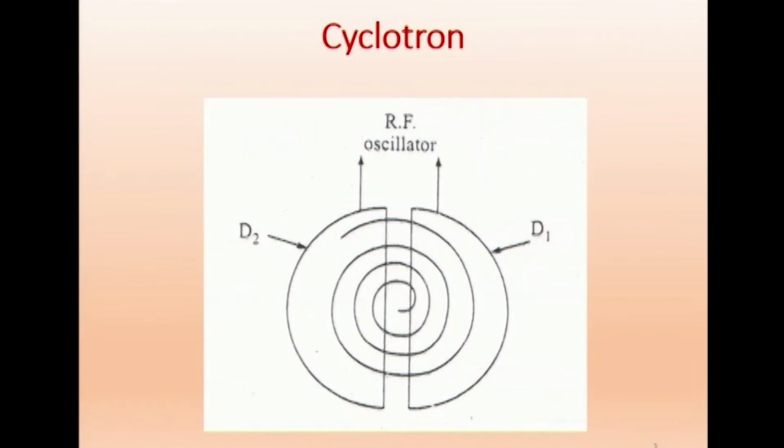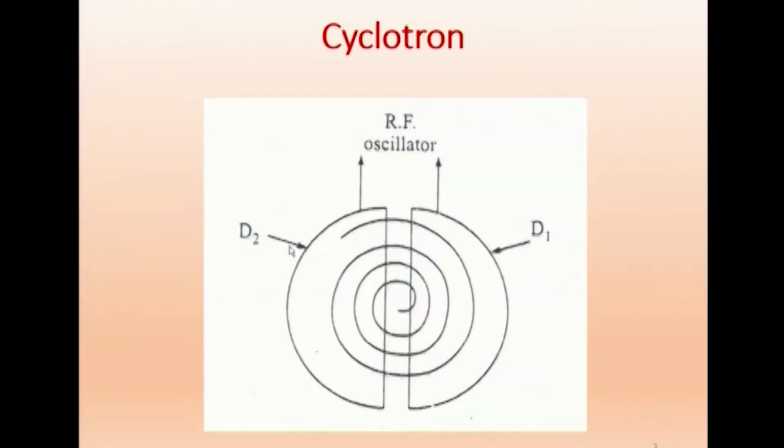So the cyclotron consists of two Ds. We call them D1 and D2. They are hollow cylinders, flat ones. Suppose you take a hollow disc, cut it into two, and slightly separate them. You get D1 and D2, each a hollow chamber of semicircular shape.